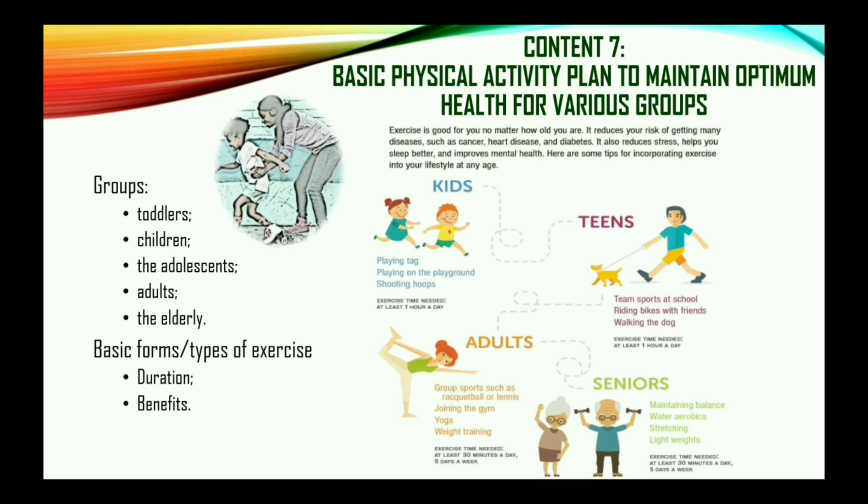So we speak of football, basketball, netball, volleyball. They can ride their bicycles, walk with friends. They can jog. For adults, they can engage in tennis, go to the gym, have yoga activities, weight training, swimming, jogging, aerobics exercise at least 30 minutes a day for 5 days a week.